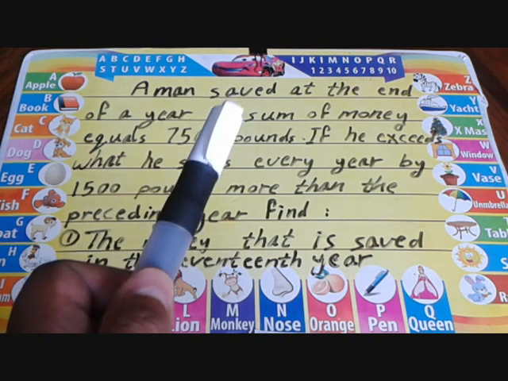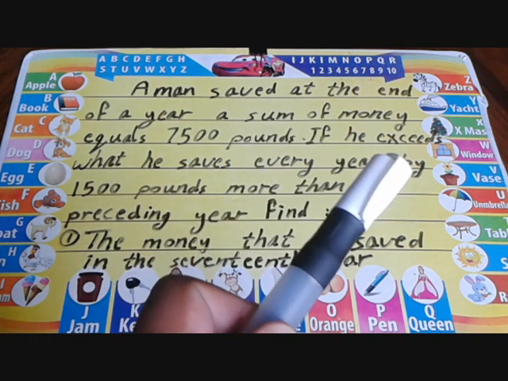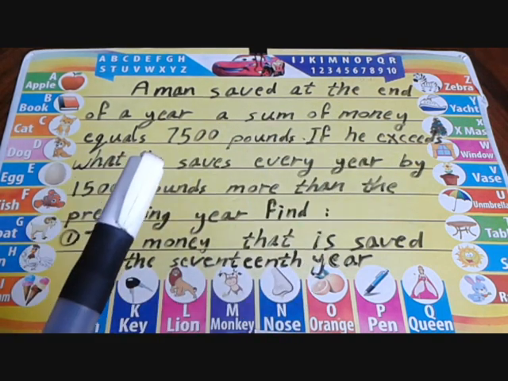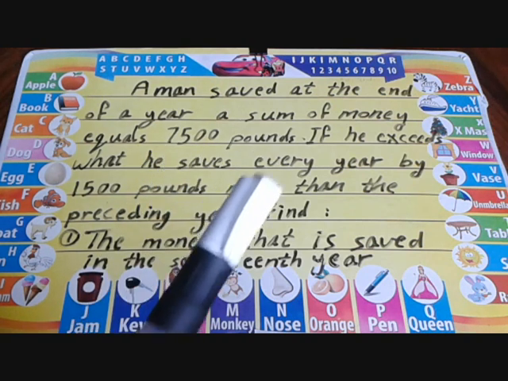A man saved at the end of a year a sum of money equal to £7,500.